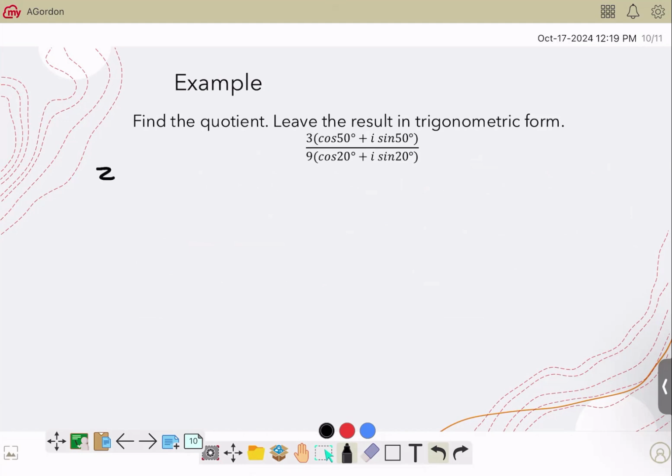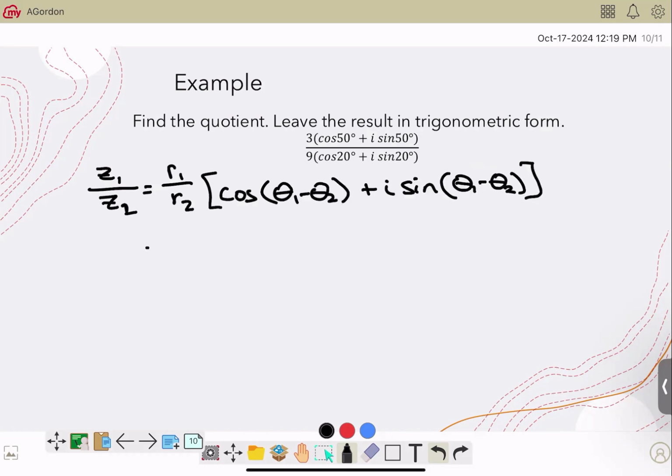And I will write that formula here. When we're dividing, we will divide our r's, and then we'll do cosine of the difference between the angles. So now we're subtracting. All right, so in our problem, our r's are 3 and 9. So 3 divided by 9 reduces to 1 over 3.